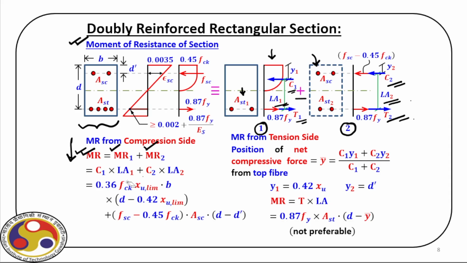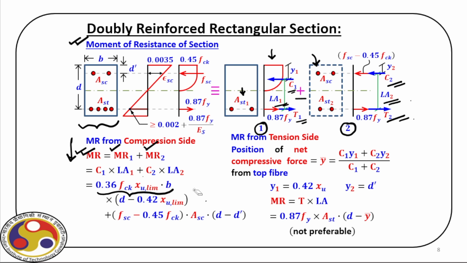Now, this estimation is pretty simple. The first part, 0.36 FCK times XU limit times B, is known to us. We have already done this for the balanced singly reinforced section, times D minus 0.42 XU limit, which is the lever arm. So this is the first part of the moment of resistance.